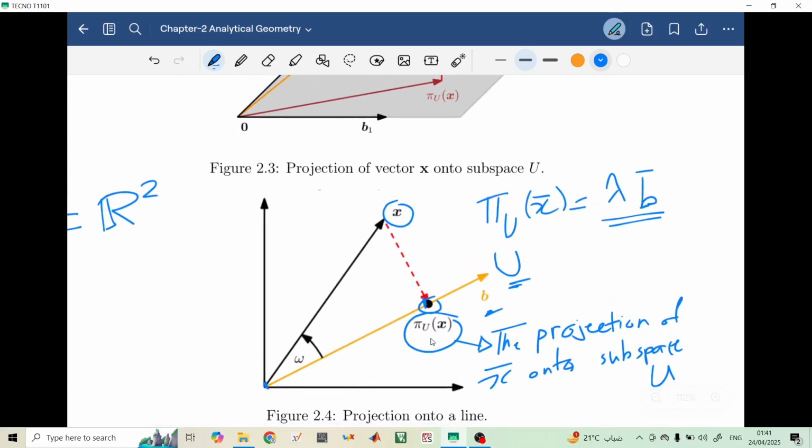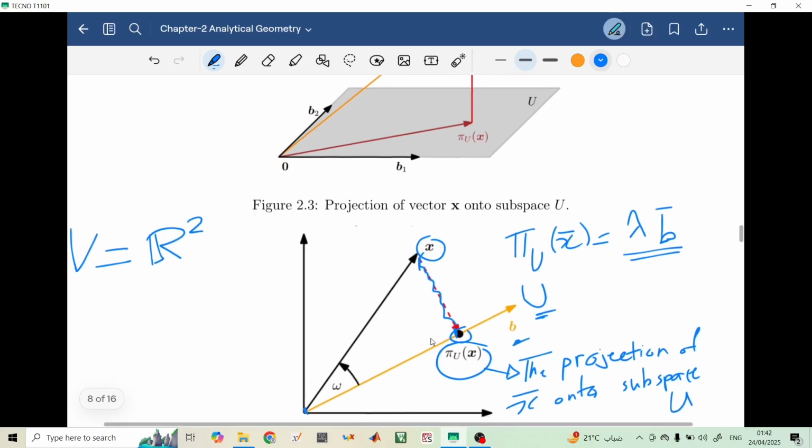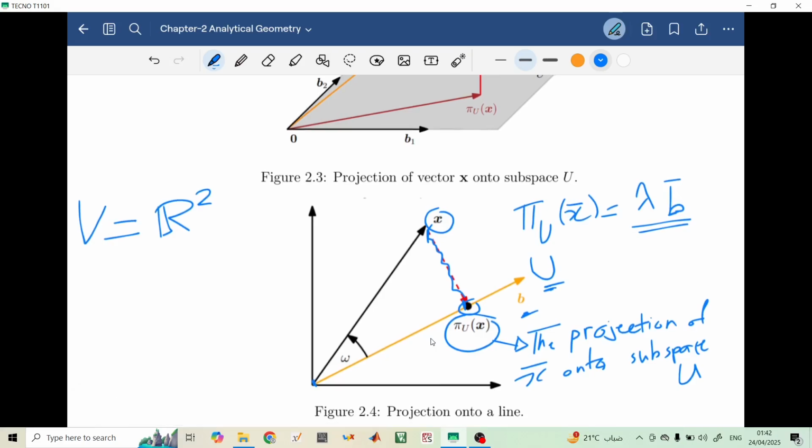Okay, another thing that we need to look at is this. This is the complement, this part. This is the complement of the projection, which lives where? In u perpendicular. Okay, so a very nice property here is that if you take the difference, so let's write it in a neat way.